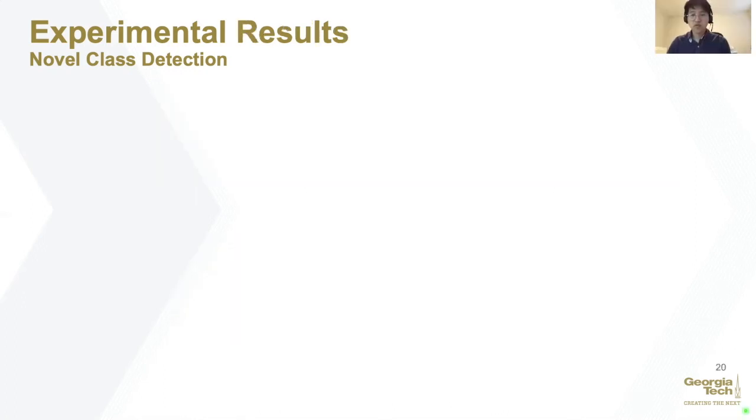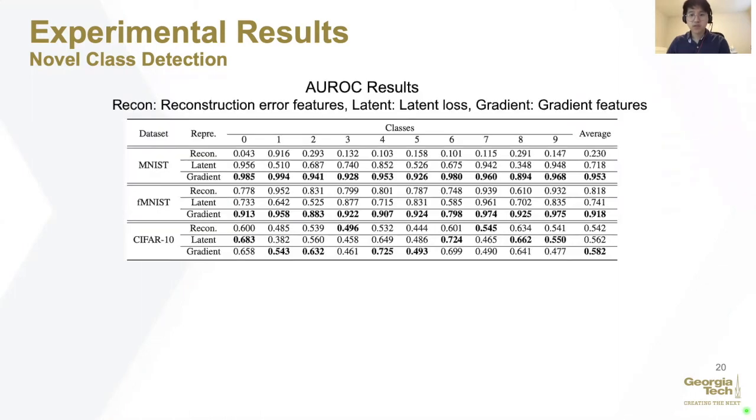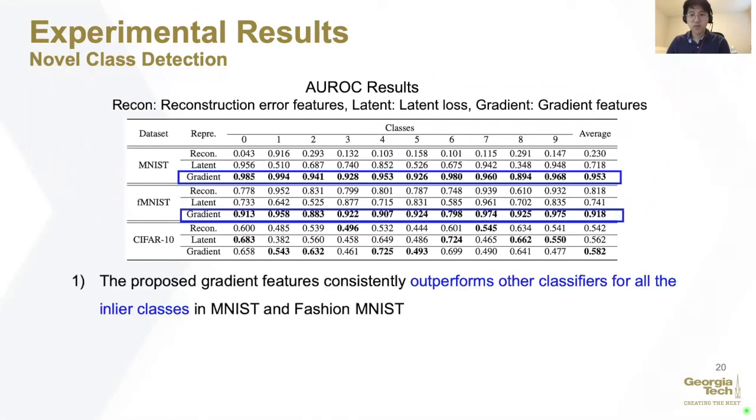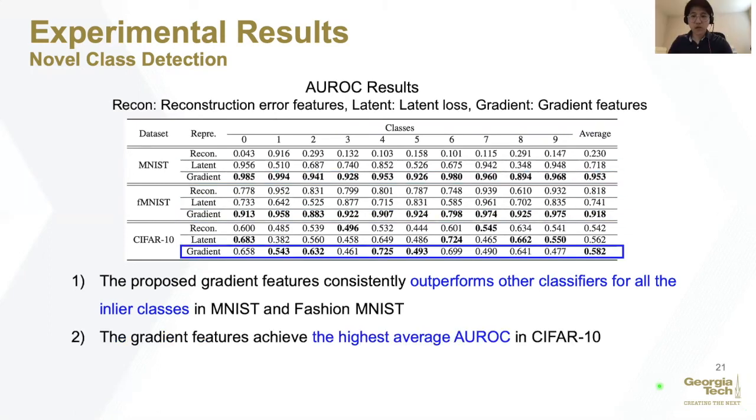The performance was evaluated in terms of area under the receiver operating characteristic. As shown in this table, the proposed gradient feature consistently outperforms other classifiers for all the inlier classes in MNIST and Fashion-MNIST. Also, the gradient features achieved the highest average AUROC in the CIFAR10 dataset.